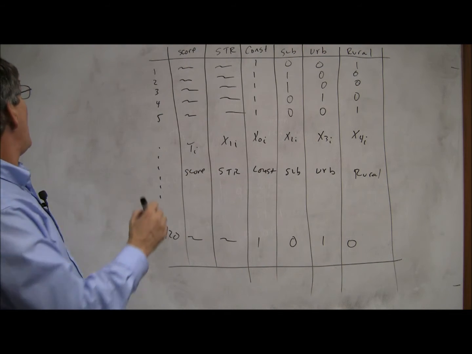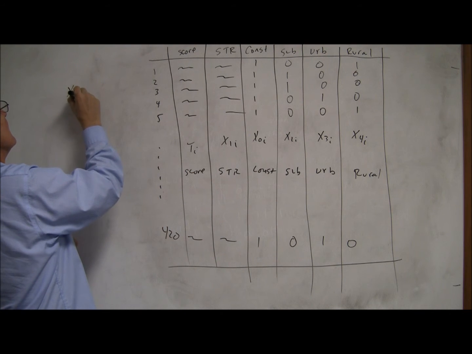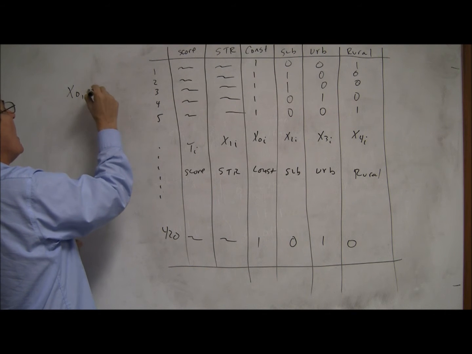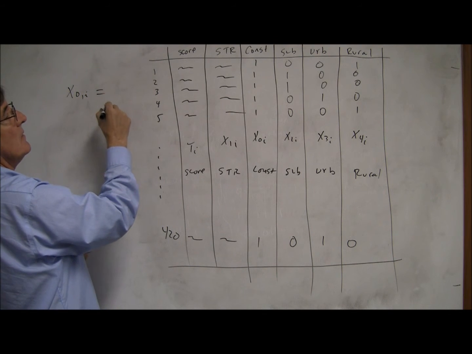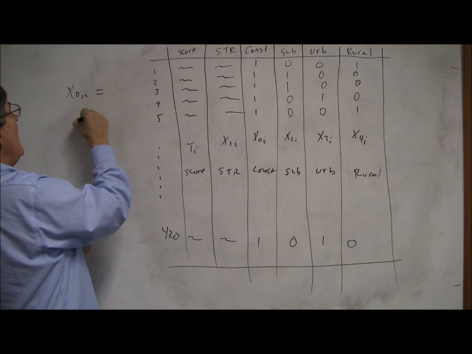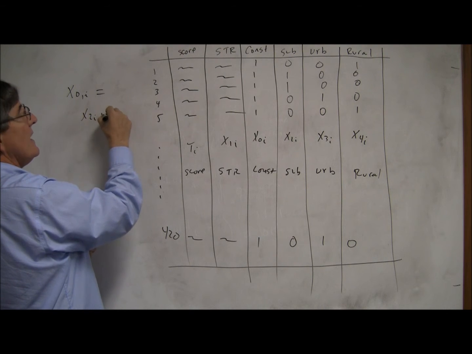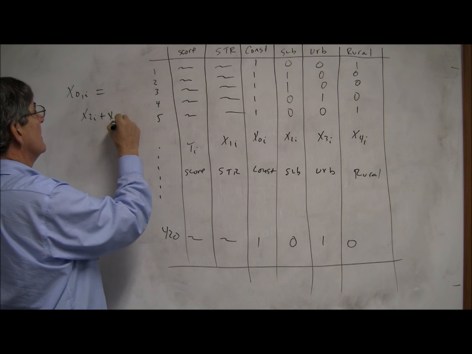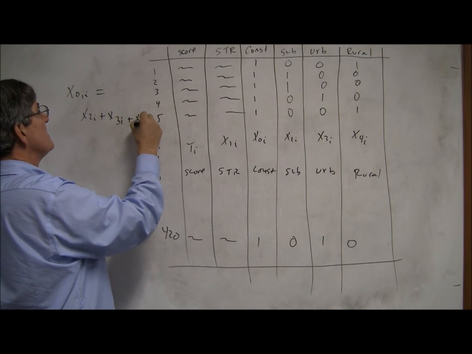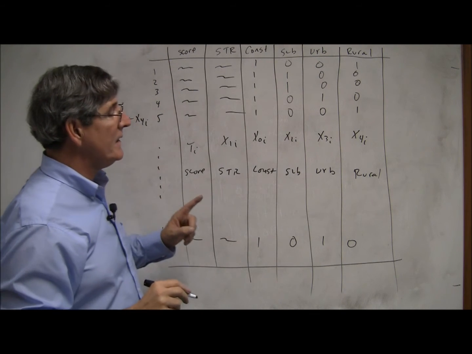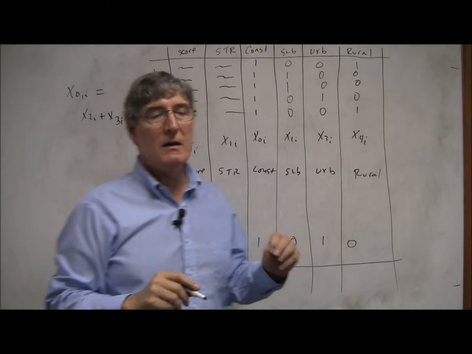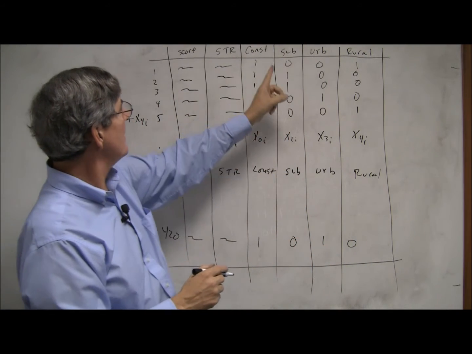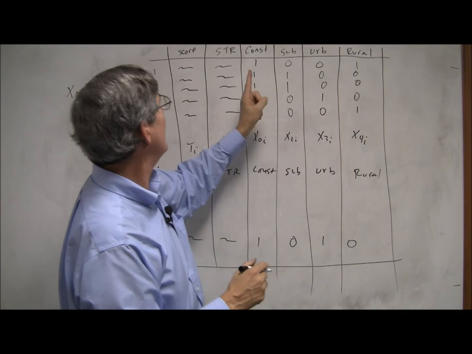So x0i, the constant, is equal to x2i plus x3i plus x4i. There's a perfect relationship between these three variables and the constant.